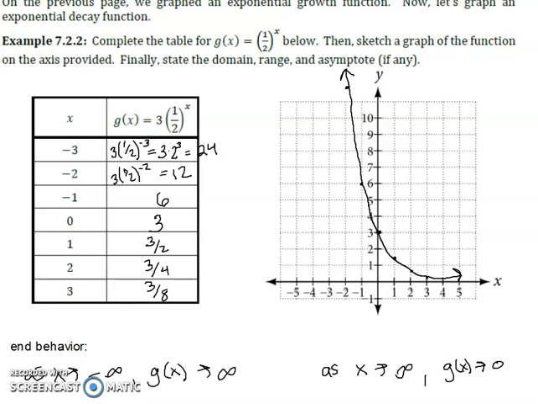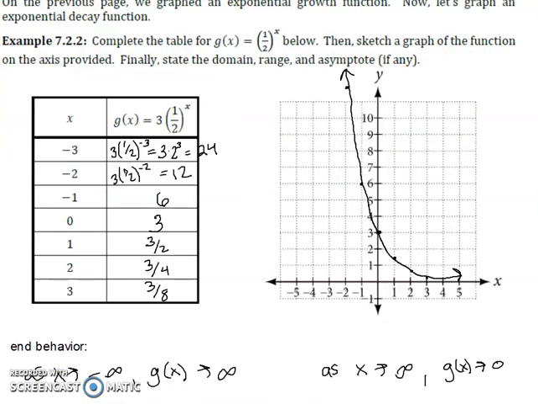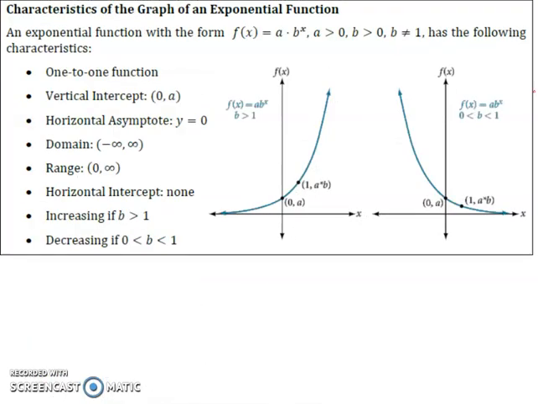And the reason is that when I put in a 0 for x, this base to the power of 0 is just 1, which leaves me with that multiplier of 3 as my vertical intercept. Similarly here, my vertical intercept is 2, which came from that multiplier on the front of my exponential component. So my vertical intercept is going to be that coefficient on your exponential component.